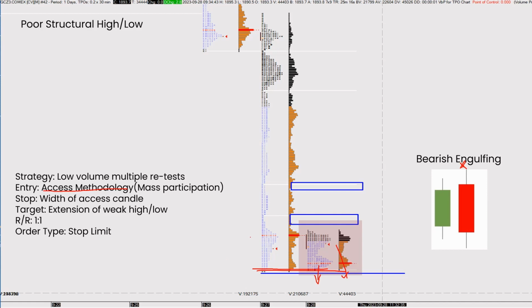The point is, we are going to need a wider stop. We take the stop the size of the access candle. In terms of the order type, we're going to use a stop limit order. And in terms of the target, we're just looking for an extension.